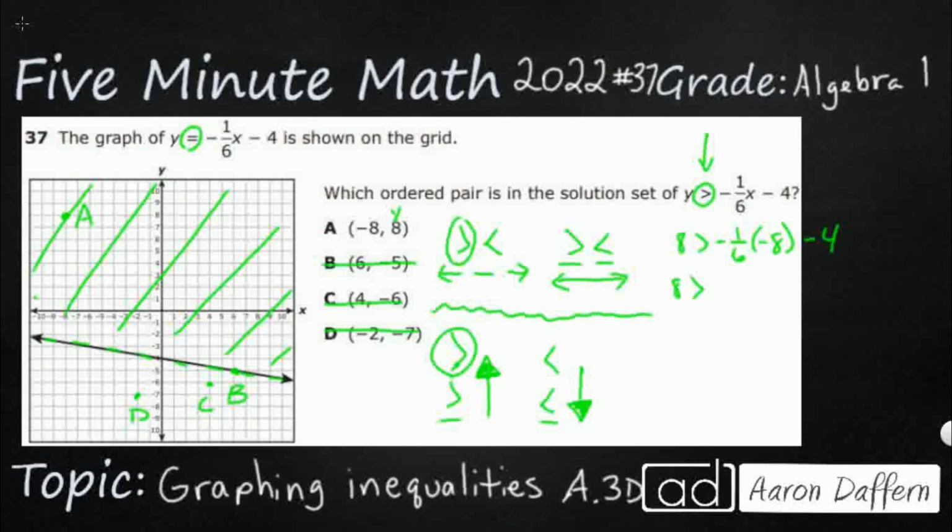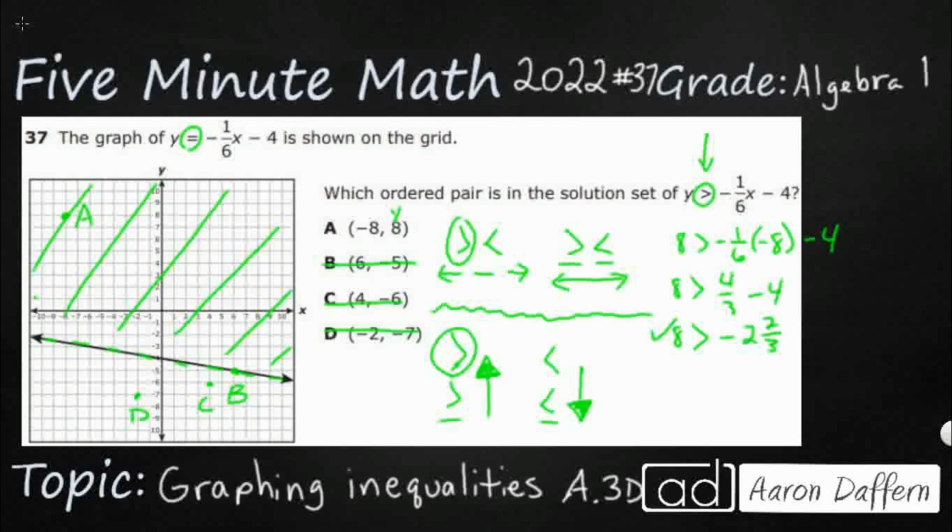So that's going to be a positive. 8/6, so that's going to be 4/3 minus 4. So 8 is greater than, it's really 1 1/3 minus 4, so that's going to be negative 2 2/3. Yeah, that definitely works.